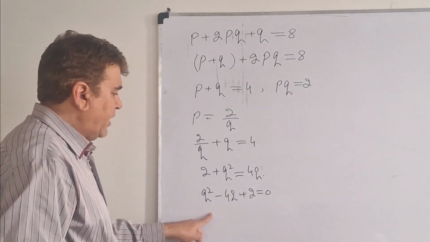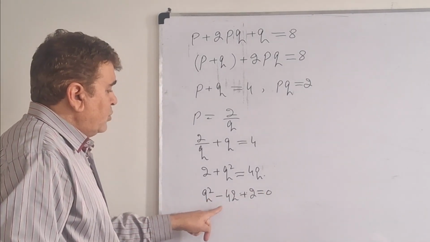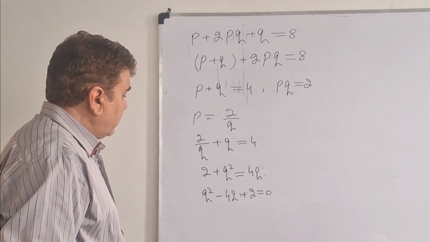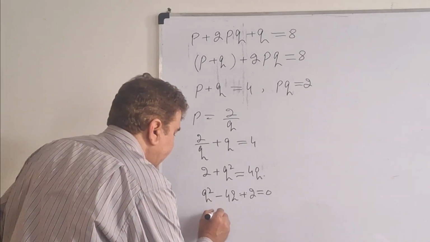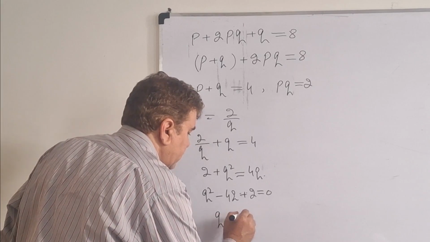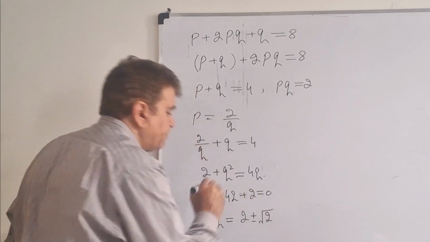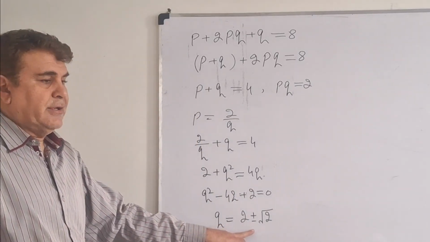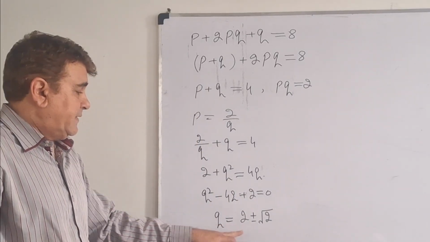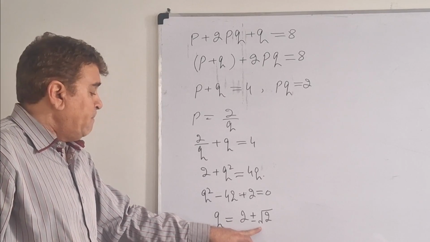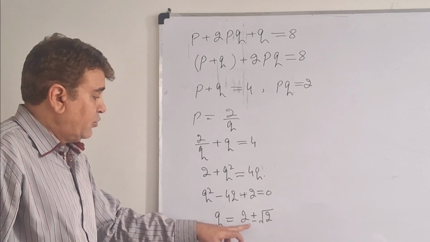This is a quadratic equation, and if you use the root equation for the quadratic equation, you would get the value of Q equals 2 plus minus square root 2. And this is obviously not an integer solution. This is not an integer at all. So that is not the right way.